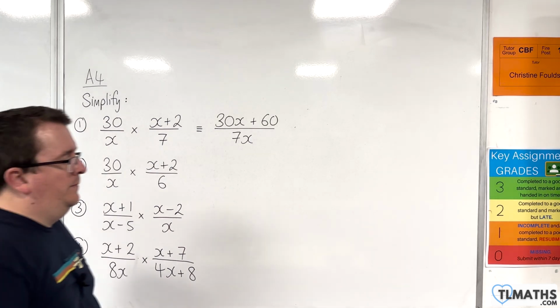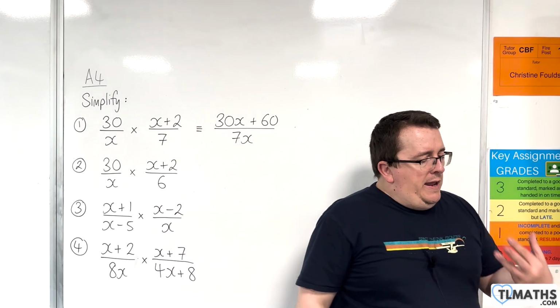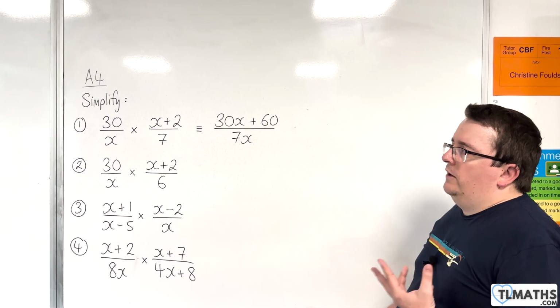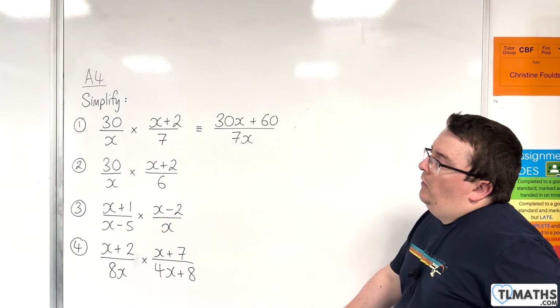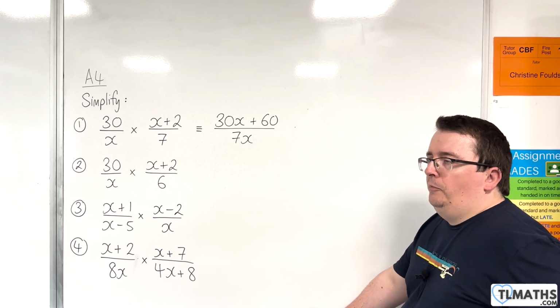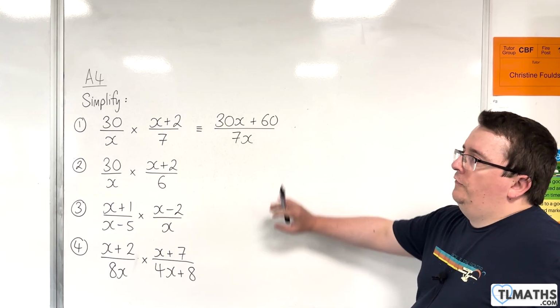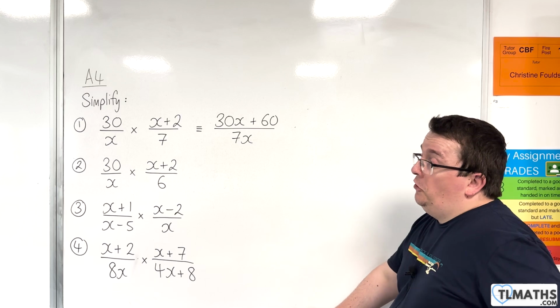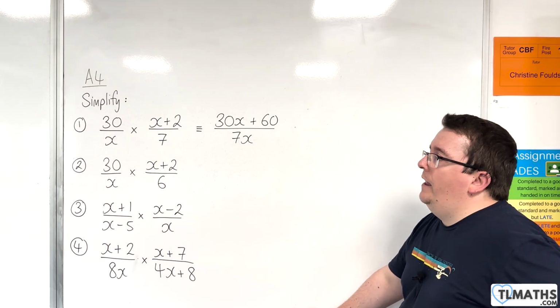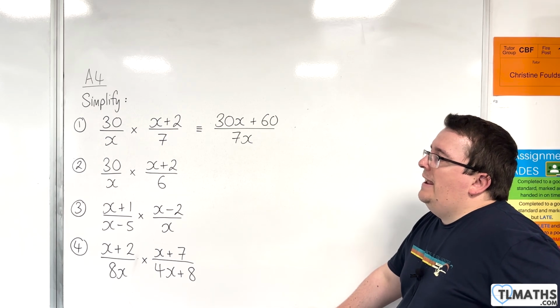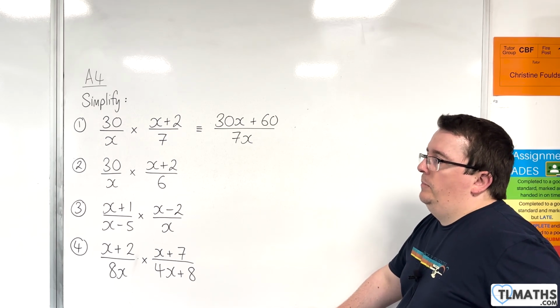Okay, now what I was saying about looking out for any kind of cancellations that you could do, sometimes you might spot that once you've done the multiplication. Sometimes it's well worth you spotting that early. So let's take a look at number 2.